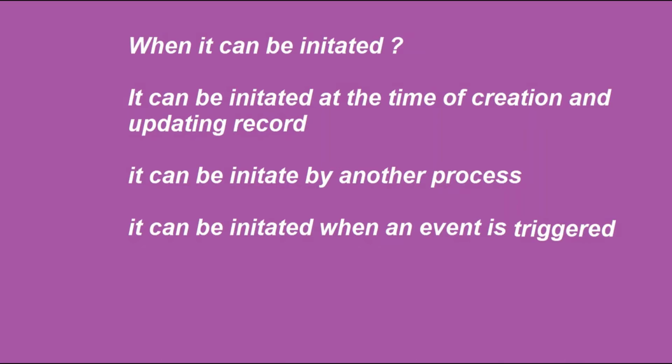It can also be started by another process, and it can be invoked when an event is triggered. So there are four ways: create, update, initiated by another process, or event. In Salesforce, you might see create and edit as a single one. So this is the way to initiate it.